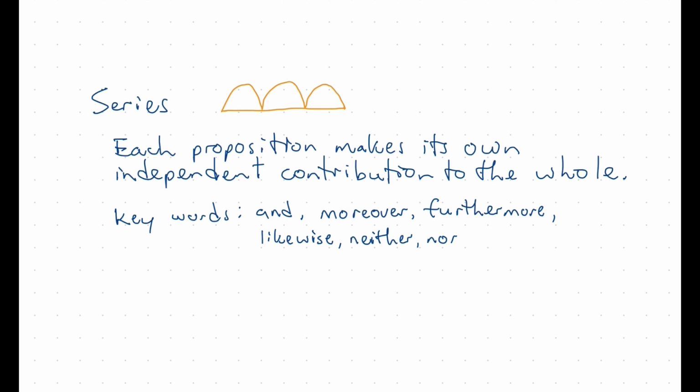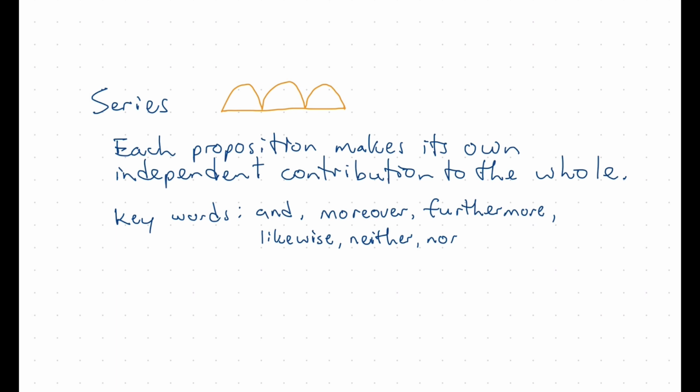And you may come across other words. For those of you who are working in Greek as well, you'll see the corresponding Greek on the cheat sheet as well. But those are the key words that wave their flag and let us know that this might be a relationship of series.